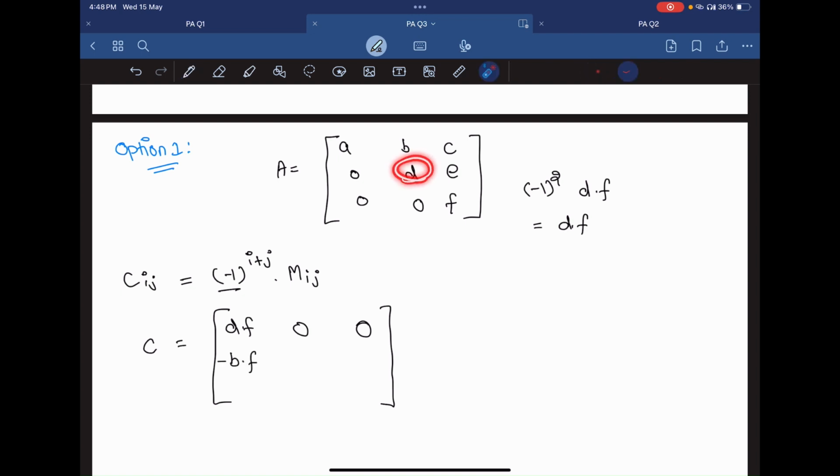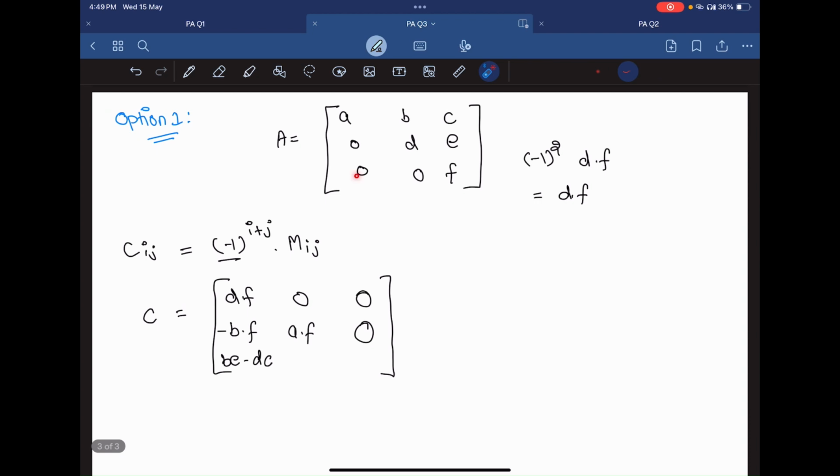Now second row second column, it would be a dot f, and second row third column, then it would be 0. Now third row first column, so it would be b dot e minus d dot c, and 3 plus 1, that is 4, so even power.